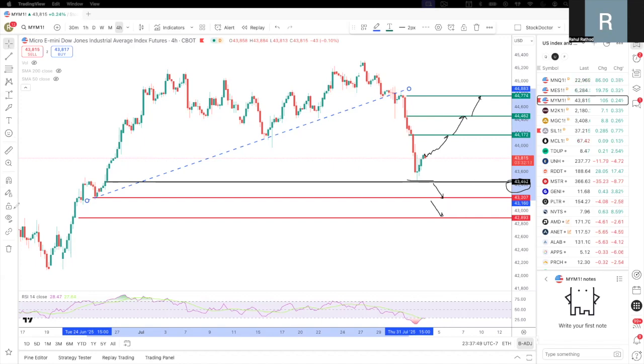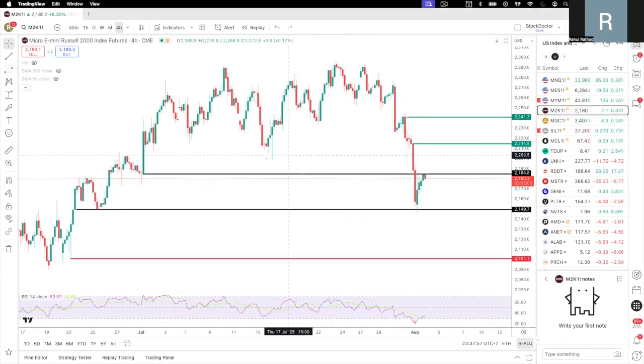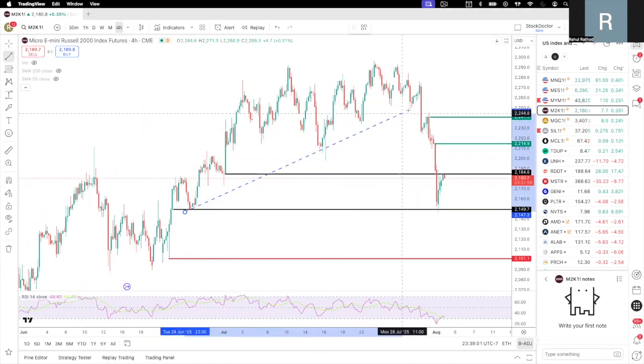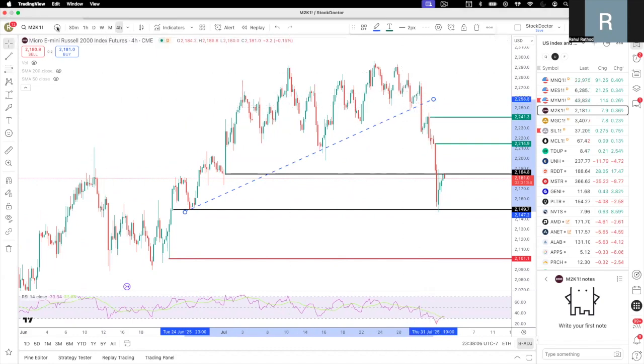And now we will talk about the last but not the least, the Russell 2000 chart. For the Russell 2000, you can see the trend line got broken here, and then from here you saw the downtrend. From here you saw the downtrend, and now it is trading at a very important level.